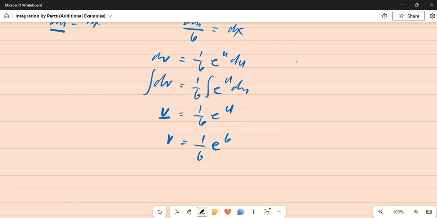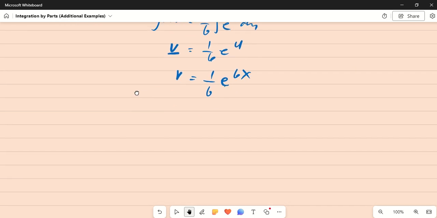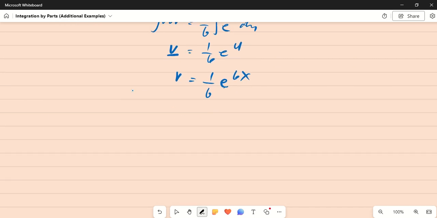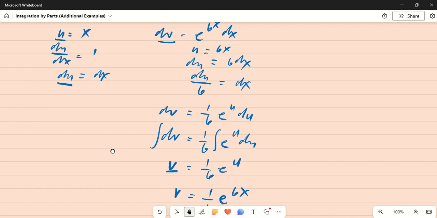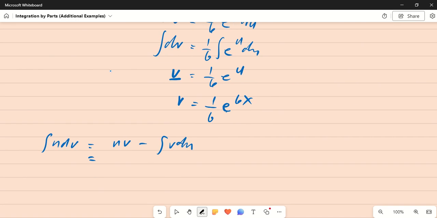So this is 1 over 6 e raised to 6x. Now applying the formula, the integral of u dv is equal to uv minus the integral of v du. We substitute your u. Your u here is x, so we write x, and then your v is 1 over 6 e raised to 6x.